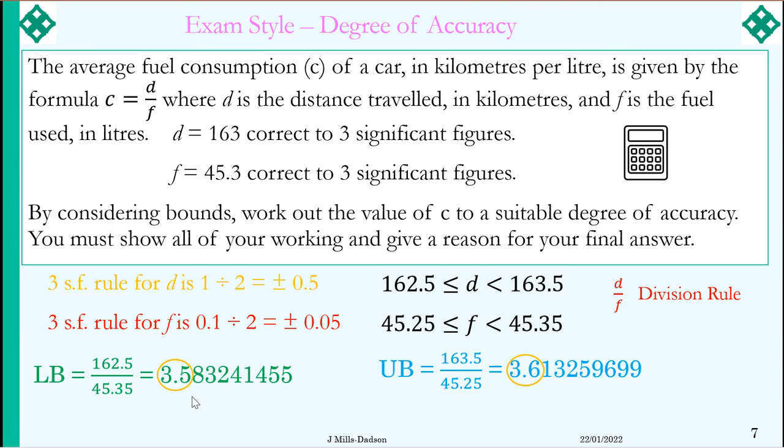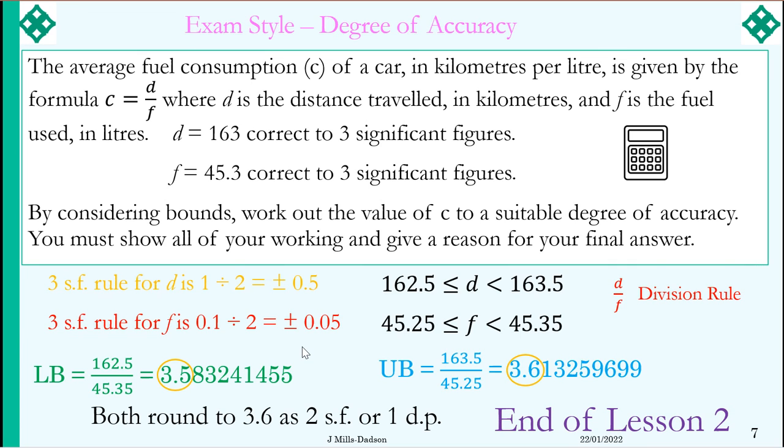Now you realize that we want to see at what point when we approximate we will get the same answer. If you check, 3 is the same as 3. Okay, 3.5, 3.6, they are not the same. 3.58, 3.61, they are not the same. But if you round to one decimal place, you will get 3.6 here, and here too will round to 3.6. So which means our true accurate answer is 3.6, rounded to 2 significant figures or one decimal place.